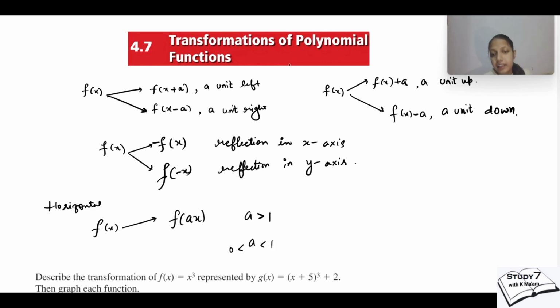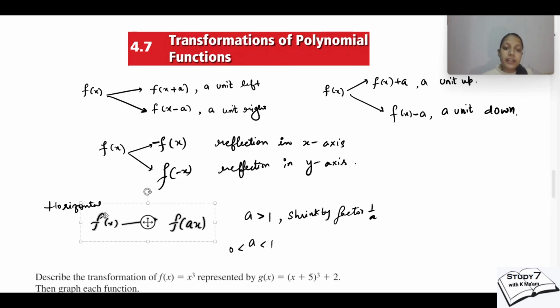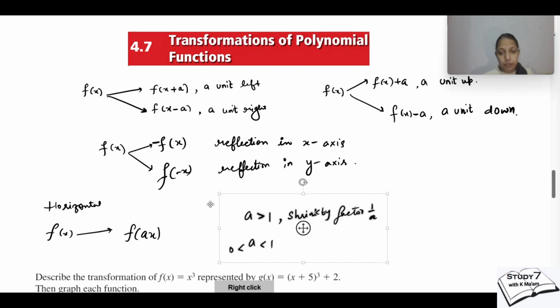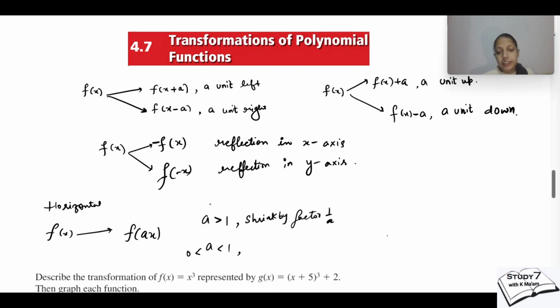If it is greater than 1, then it is a shrink by factor 1/a. In the case of horizontal shrink and stretch, you have to take the reciprocal of the factor. And if a is between 0 and 1, then it is a stretch by factor 1/a.